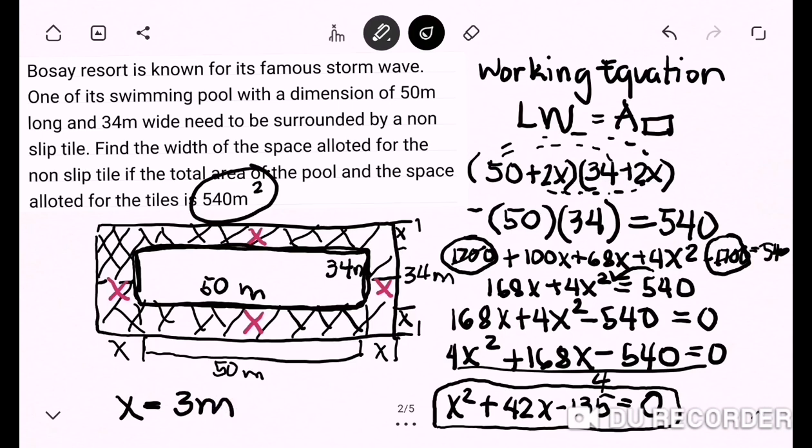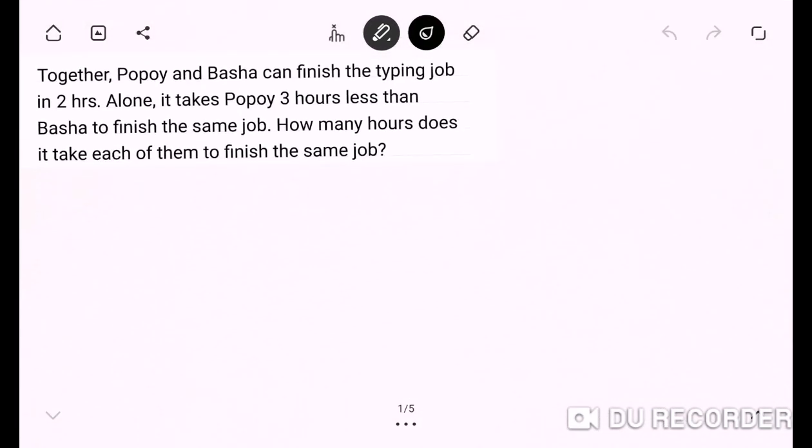So, ibig sabihin, yung additional space na paglalagyan ng tiles, ang width niya ay 3 meters, nakapalibot siya sa swimming pool. Okay, so that's it para sa ating first problem. So, let's have another one.